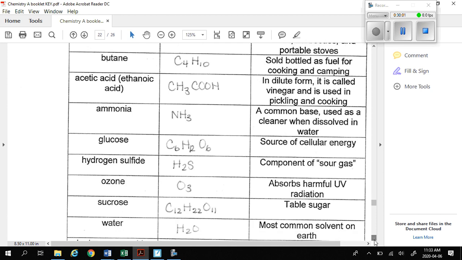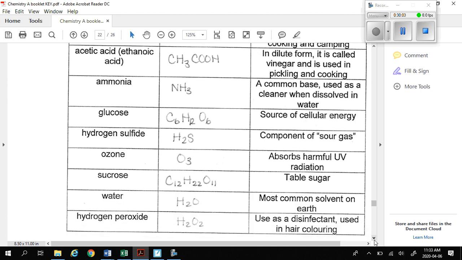Hydrogen sulfide, H2S. Ozone. So sometimes in our wonderful atmosphere, kind of beyond where we are, there is something called the ozone layer. So ozone is sometimes found as O3 instead of just O2 because oxygen, sorry, did I say ozone? Oxygen is sometimes found as O3 instead of O2 up in the atmosphere, and it's important for blocking out UV radiation.